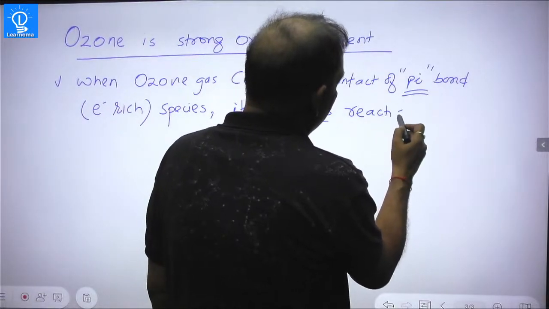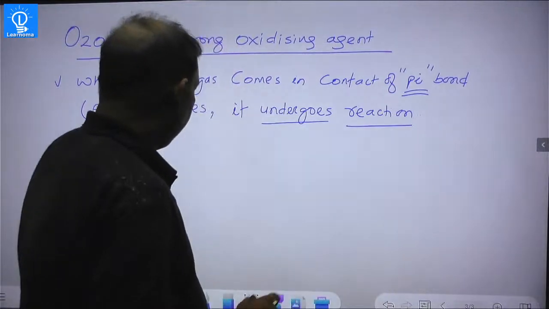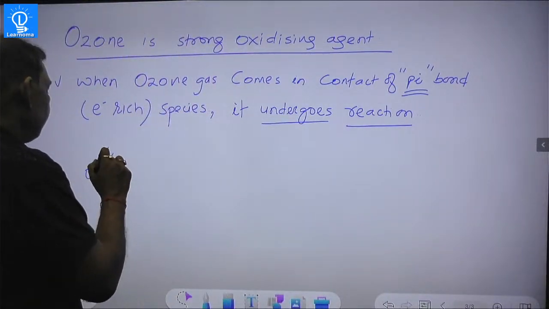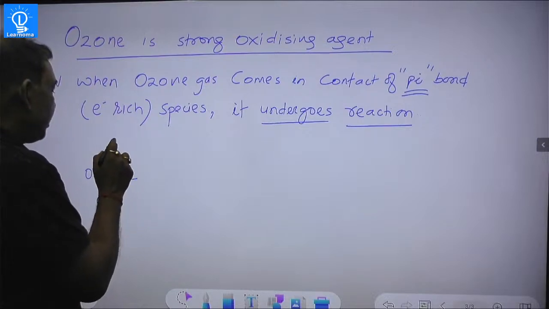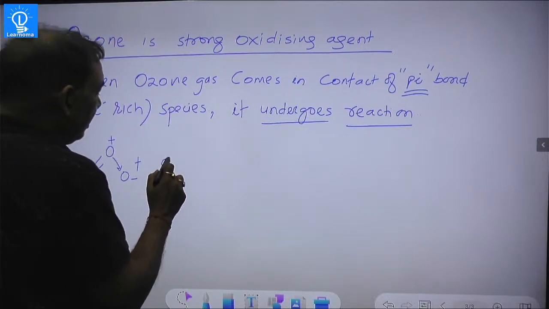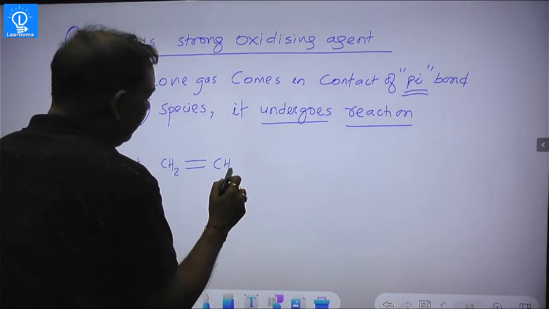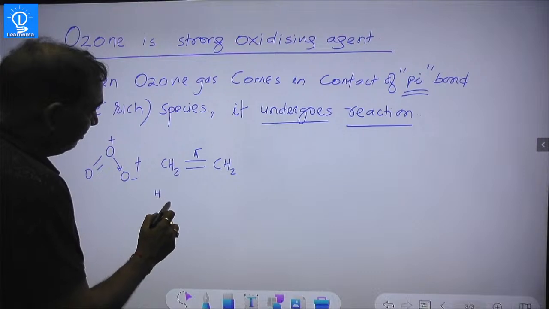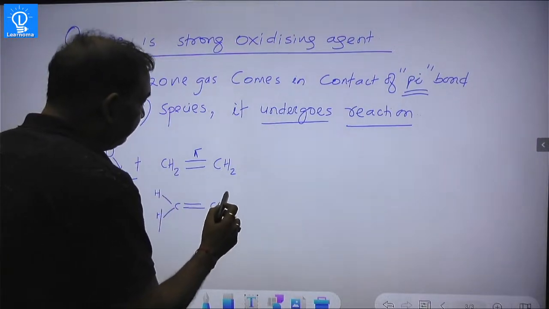See, think this way. We have a team of thieves, and when they see a rich person, anyone, simple example, ethylene. This ethylene has a sigma bond as well as a pi bond.